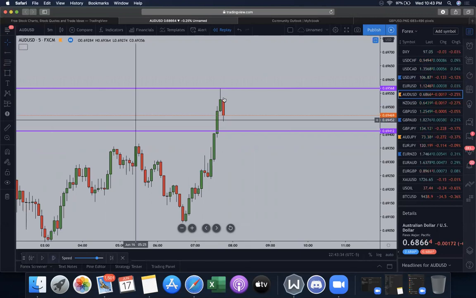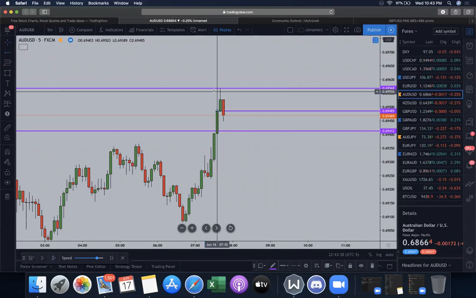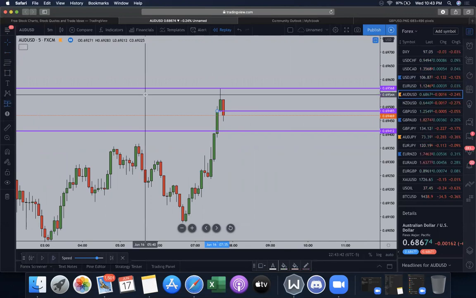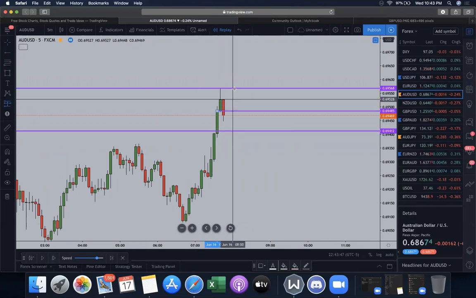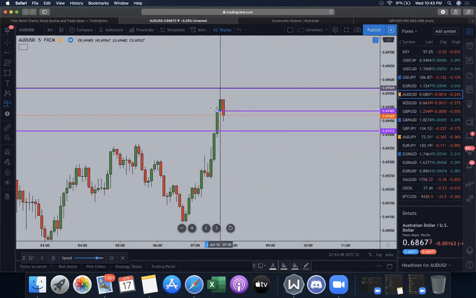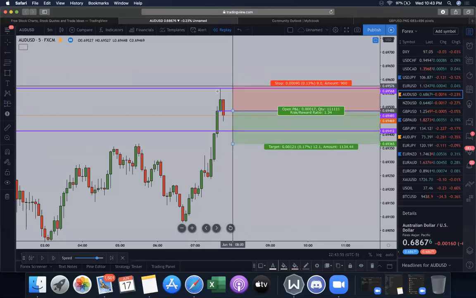Okay, that would have wicked the entry. And then once this closes bearish engulfing, if we get a retest there, now we can sell. I haven't looked at this, so I don't know if it's going to retest or not. But instead of selling here or selling here, this setup happened in between that level. We would just be selling here, stop loss above this high, 9 pips, and then our take profit was down there.